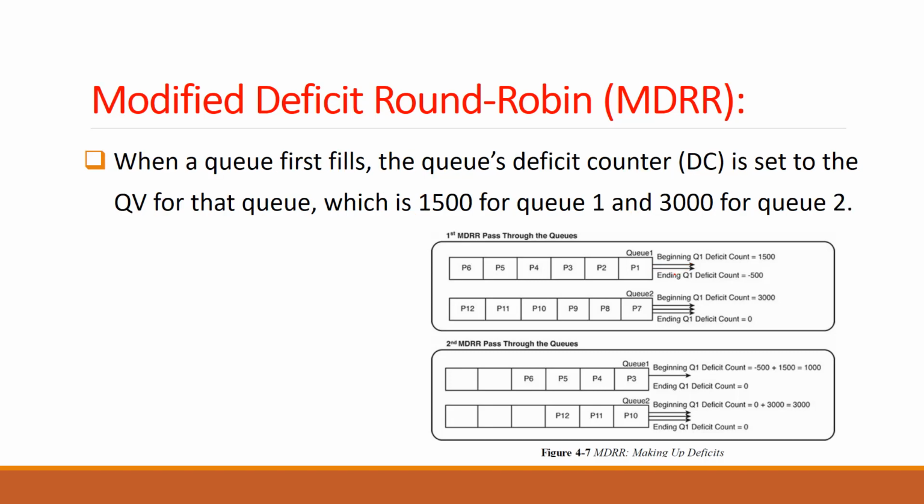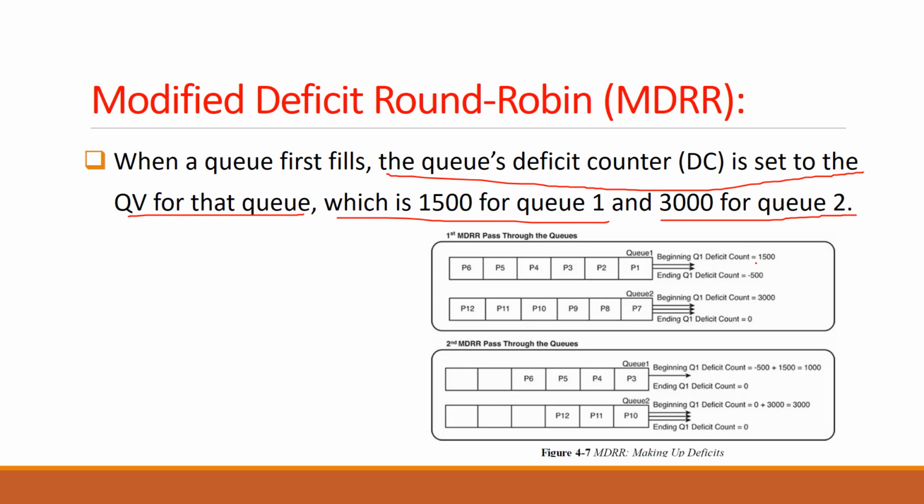So when a queue first fills, the queue's deficit counter is set to the QV for that queue, which is 1500 for Q1 and 3000 for Q2.